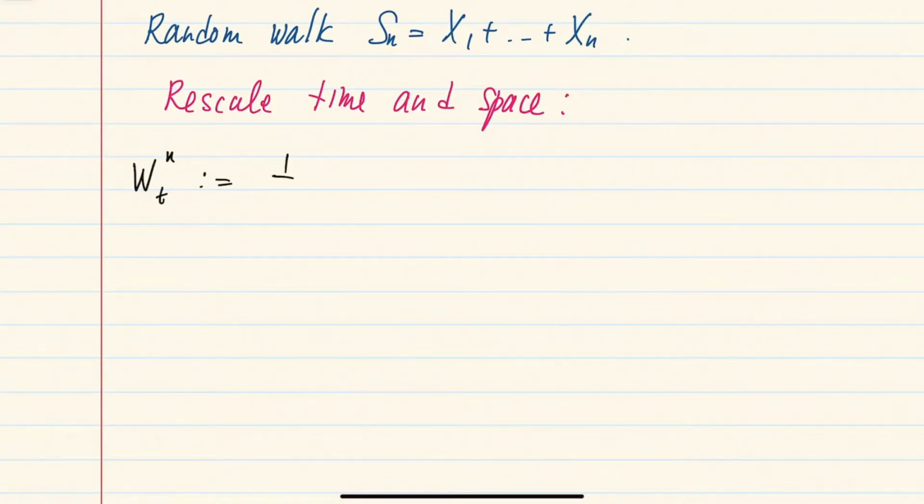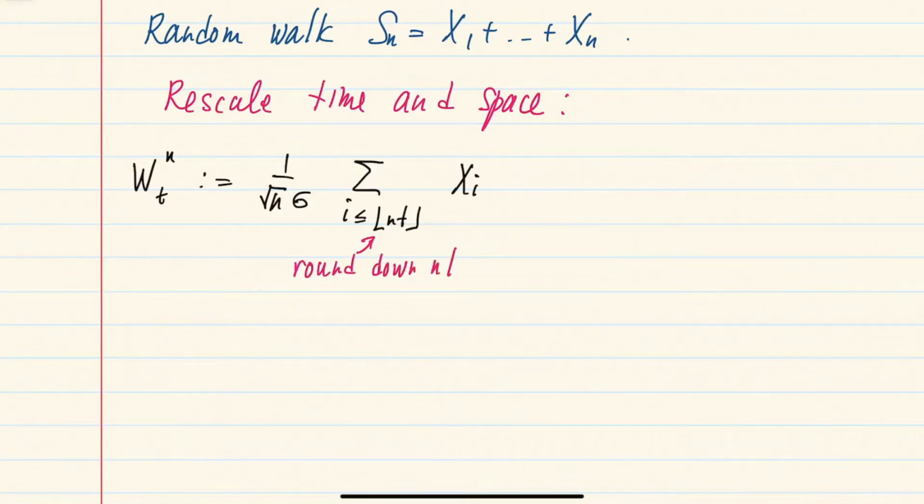In space we rescale by 1 over square root of n times sigma, the standard deviation, and in time we sum not up to n but up to n times t. So given this time parameter t, we sum X_i up to floor of nt, where this is just the floor function, so we round nt down to the closest integer.